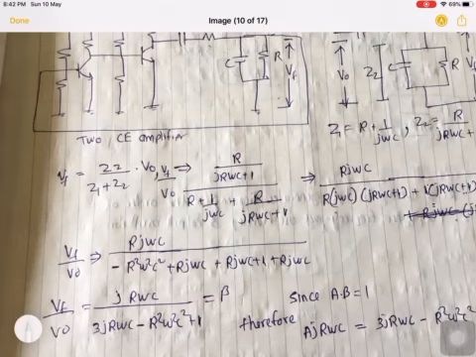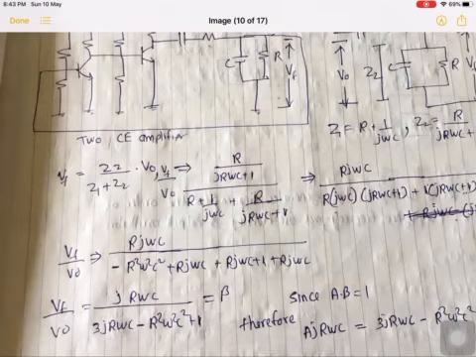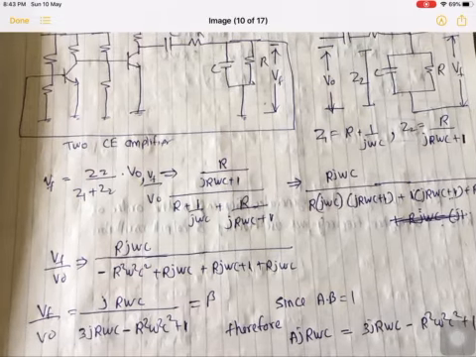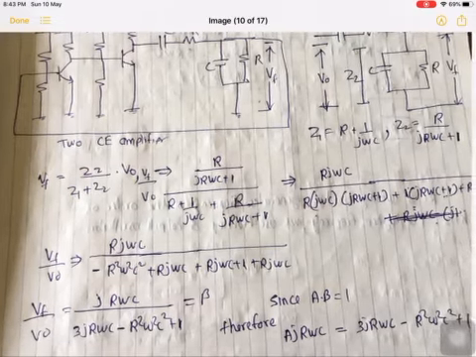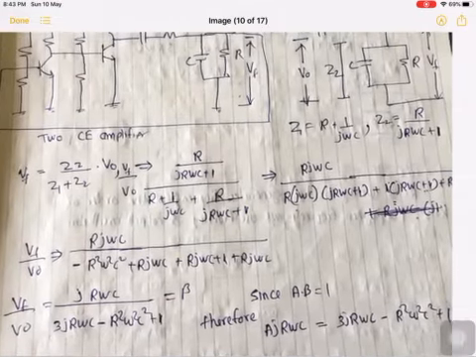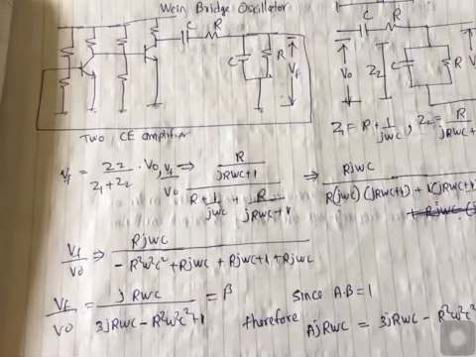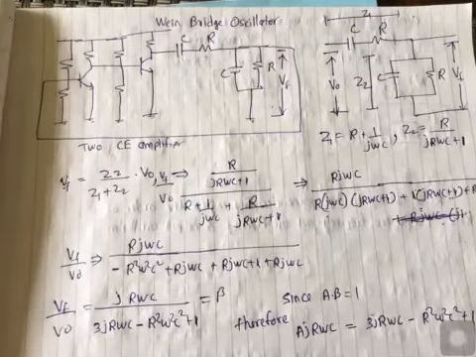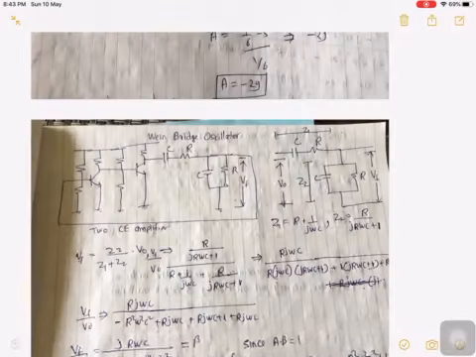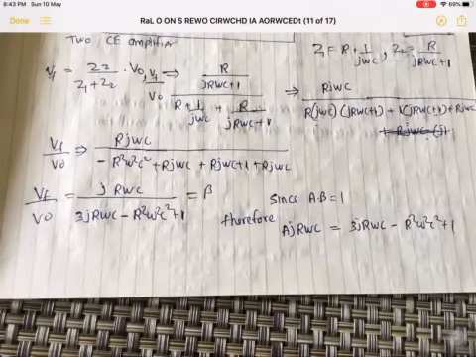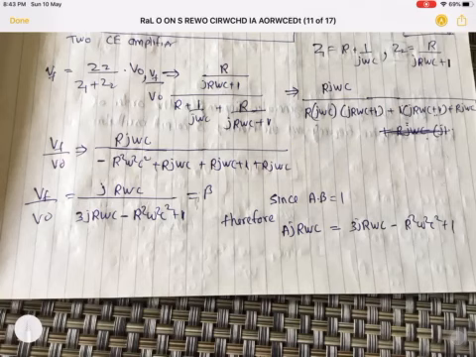So A j R omega C equals 3 j R omega C minus R squared omega squared C squared plus 1.